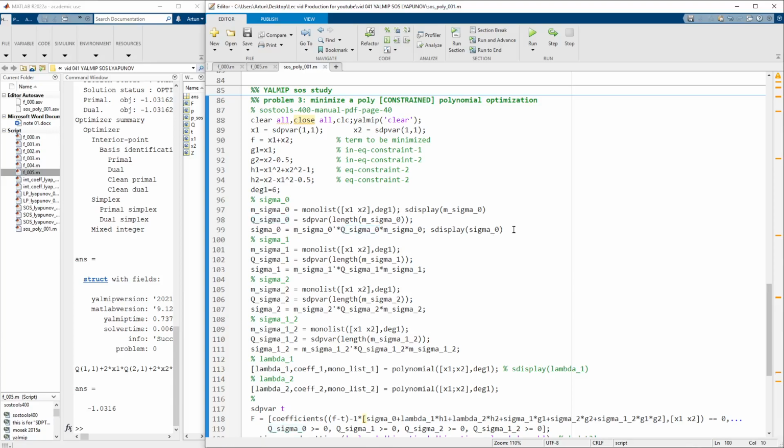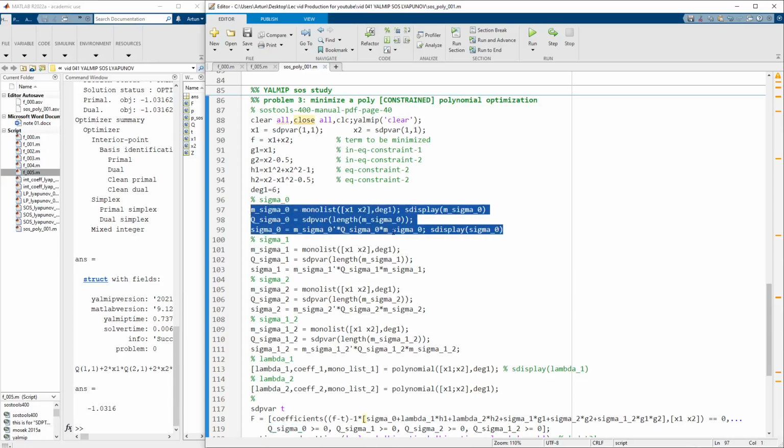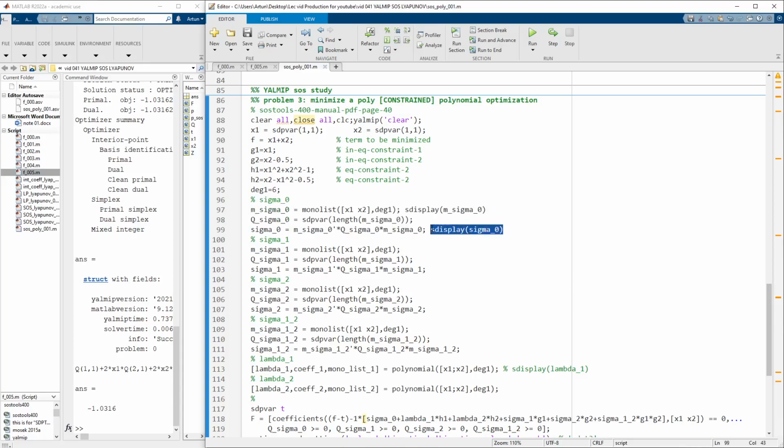All right, so these three lines, as display functions, are just to visualize and be able to see explicitly our monomial vectors. So step 1, you first generate your monomial list, and then you define your matrix.